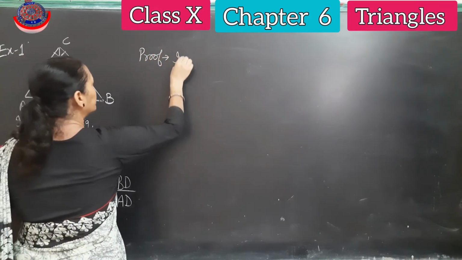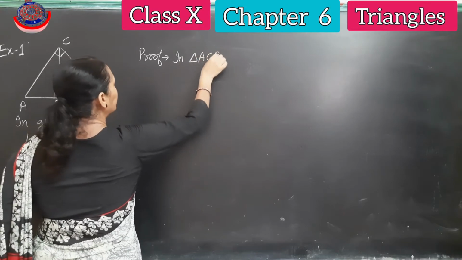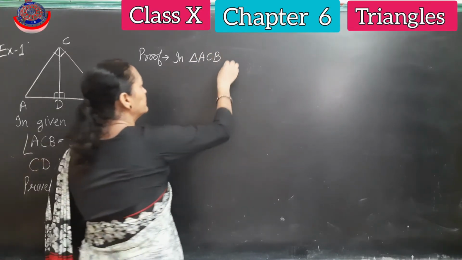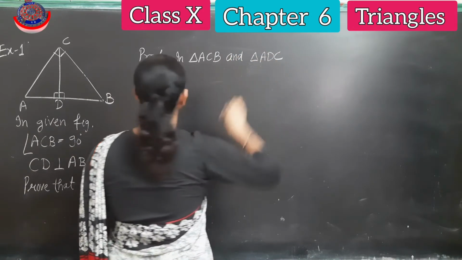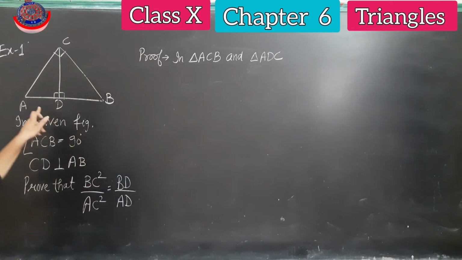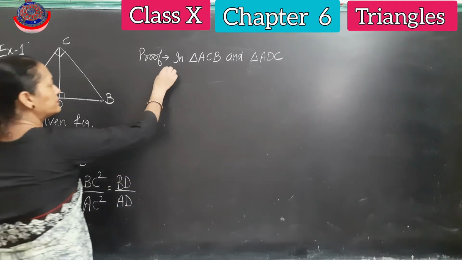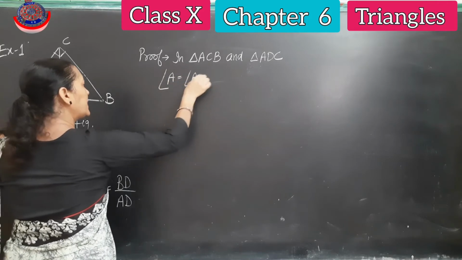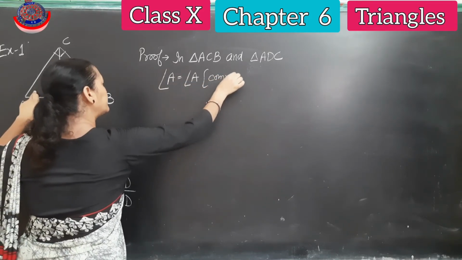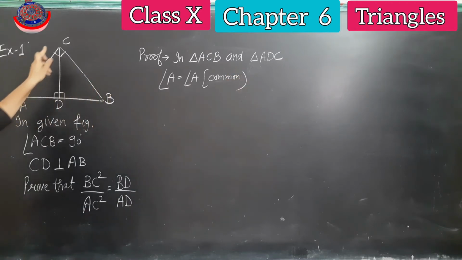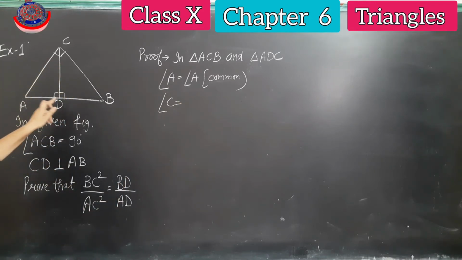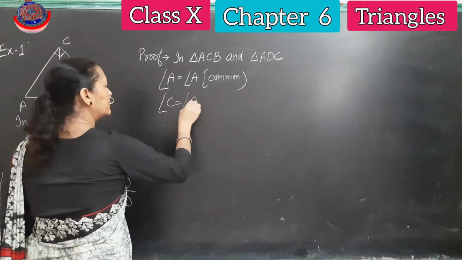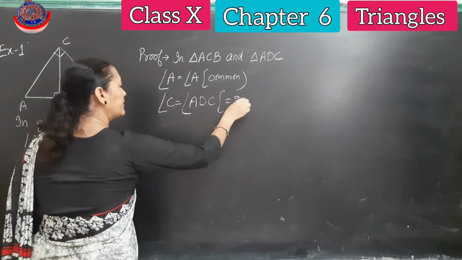In triangle ACB and triangle ADC, we'll be having angle A common, angle A equals to angle A. Then in this bigger triangle, angle C is 90, and in the smaller triangle, angle ADC is 90 degree.